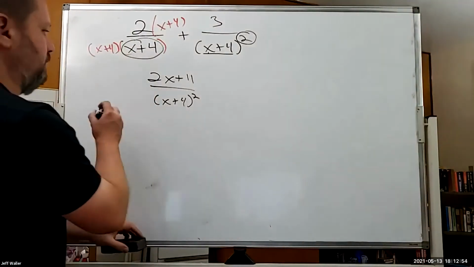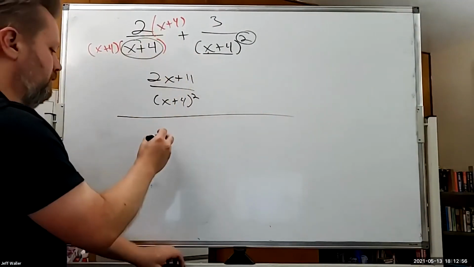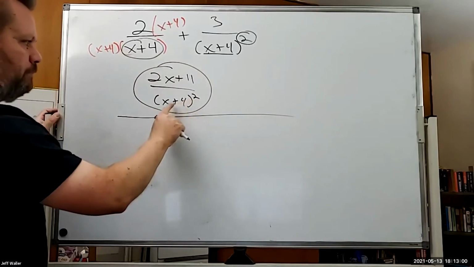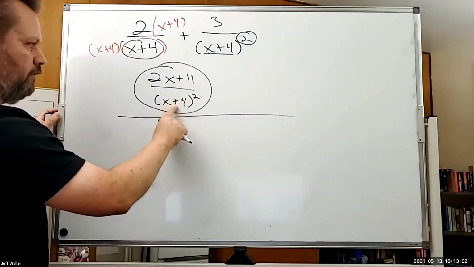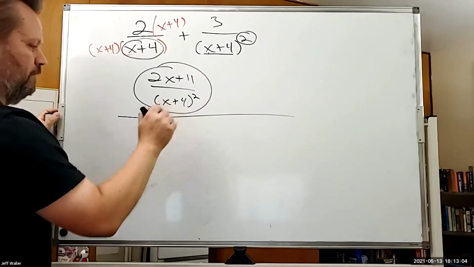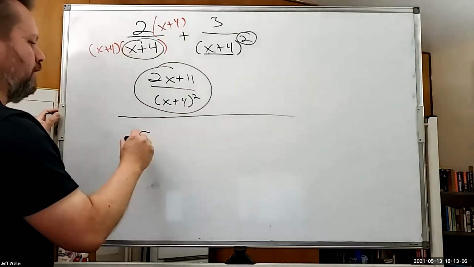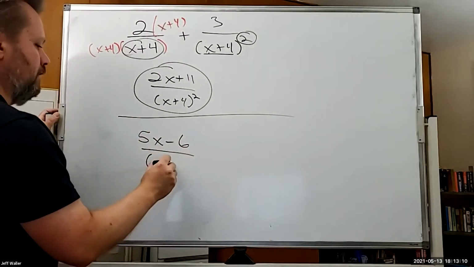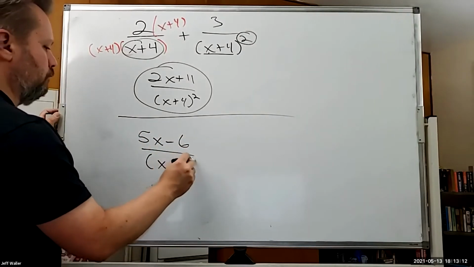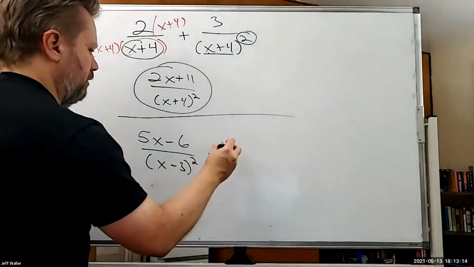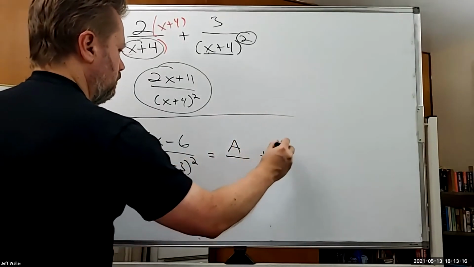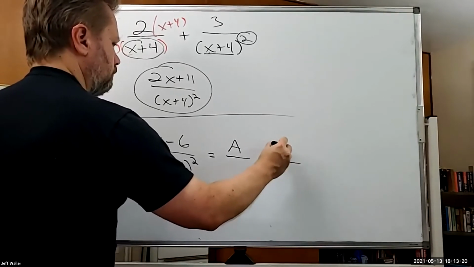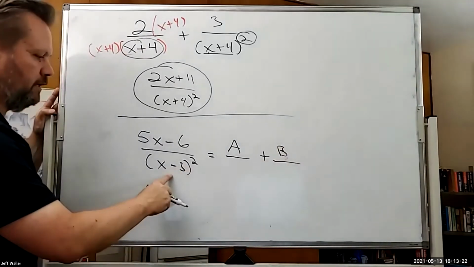What have we just determined? If I have something where the bottom is a repeated linear function, like 5x minus 6 over x minus 3 squared, what am I going to put over here? Where could this have come from?